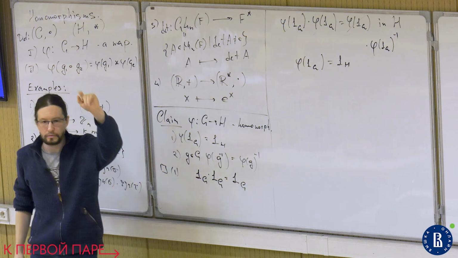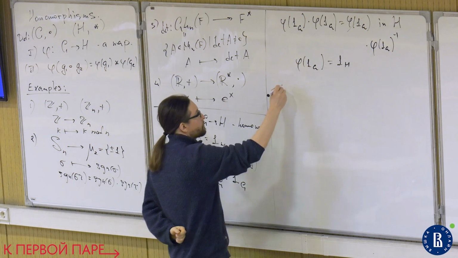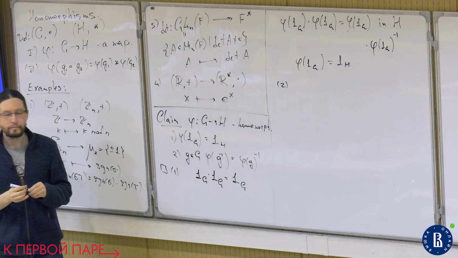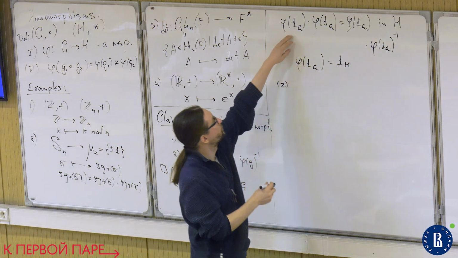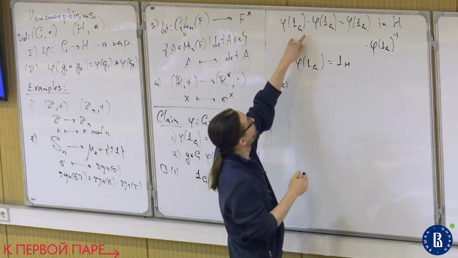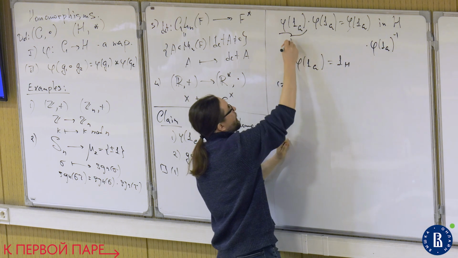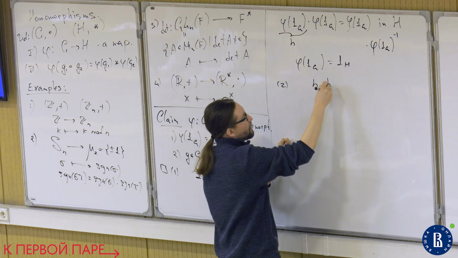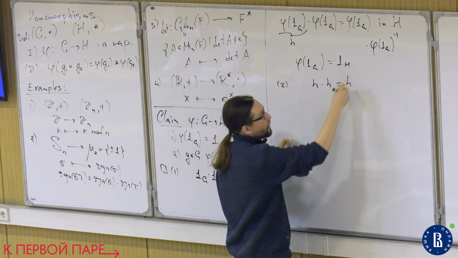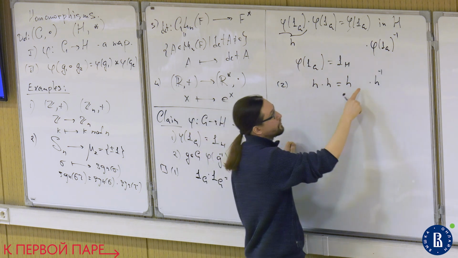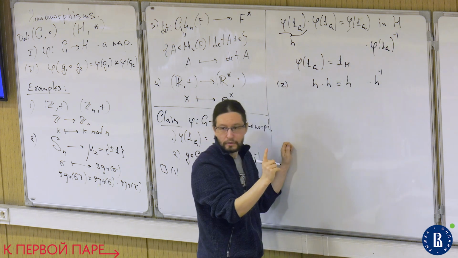Just in case. Okay. Now, the second part. Okay, you see here, well, what's written here is basically, if you denote this element by h, what's written here is h times h is equal to h, okay? Now, let's multiply it by the h inverse on the right. This is exactly what I did, okay?